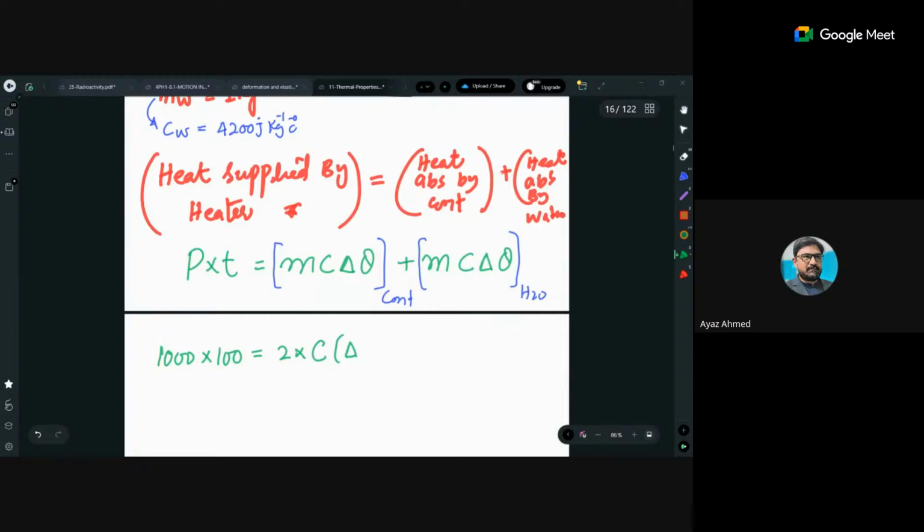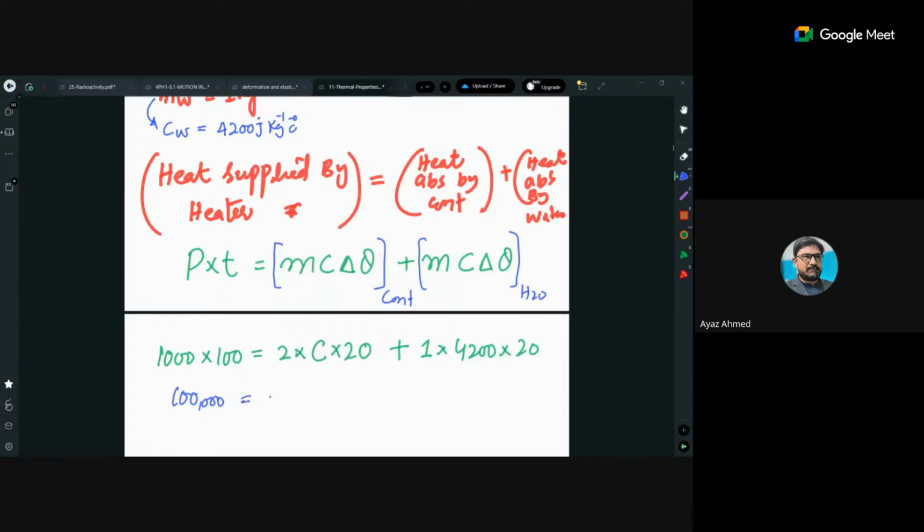What is the change in temperature? 20 degrees, because water and container both get the same change in temperature, 20 degrees, plus mass of the water is 1 kg. Specific heat capacity of the water is 4200, and again the change in temperature for the water is also 20 degrees.